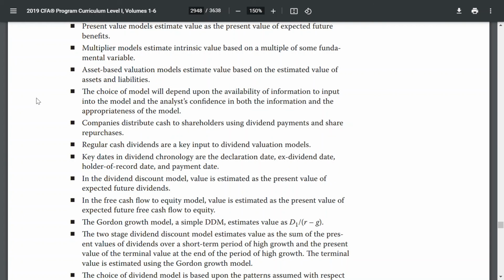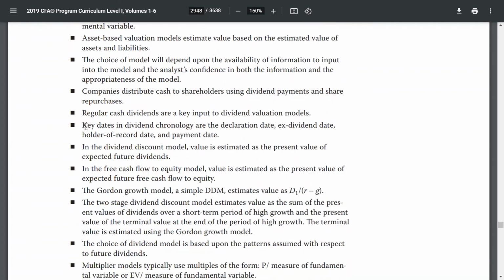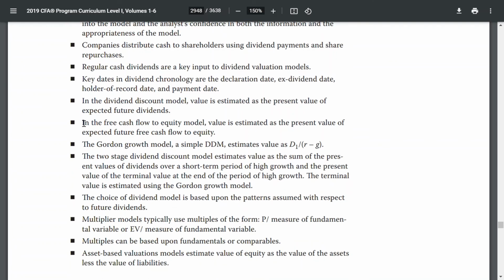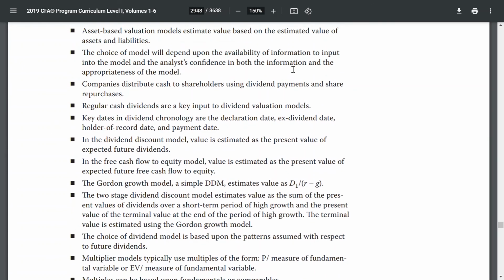Asset-based valuation models estimate value based on the estimated value of assets and liabilities. The choice of model will depend on the availability of information to input into the model and the analyst's confidence in both the information and the appropriateness of the model.